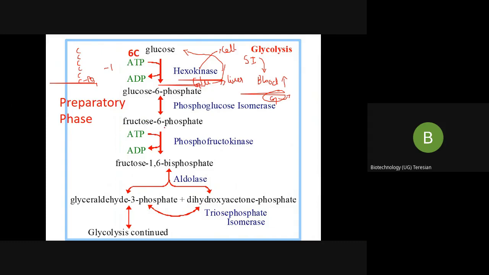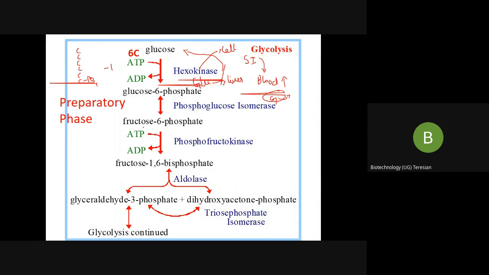Then we have the fructose 6 phosphate, which is converted into fructose 1,6 bisphosphate by the enzyme phosphofructokinase. Again, you see the word kinase come into the picture. That is addition of a phosphate group, from the ATP.